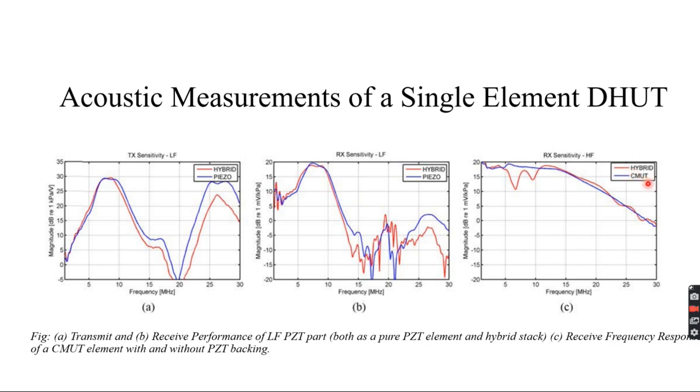If the pure CMOS element is considered, the pulse echo measurements reveal that the CMOS is very clean, with very wide bandwidth. But when it comes to characterizing the hybrid architecture, with CMOS having resonant backing, the bandwidth at 14 megahertz is limited to 70% as compared to what CMOS are normally known for.